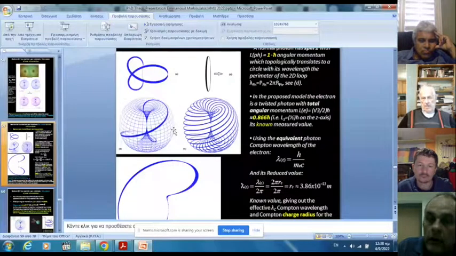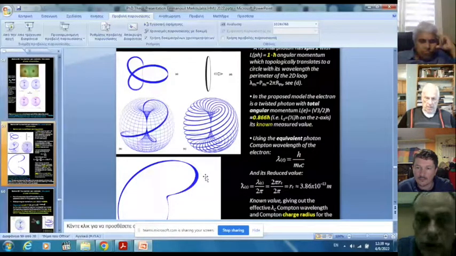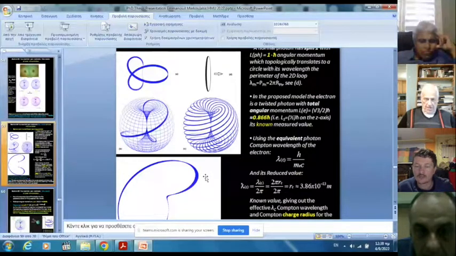If you reduce the Compton radius and make it smaller, then you have to go to superluminal tangential velocities in order to get the given value for the magnetic moment, and this is not allowed, as you know. So this is the minimum allowed radius for the model to be consistent.